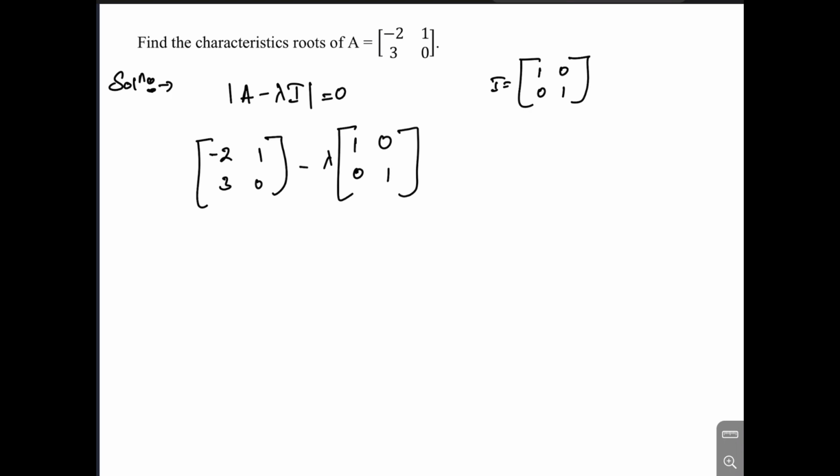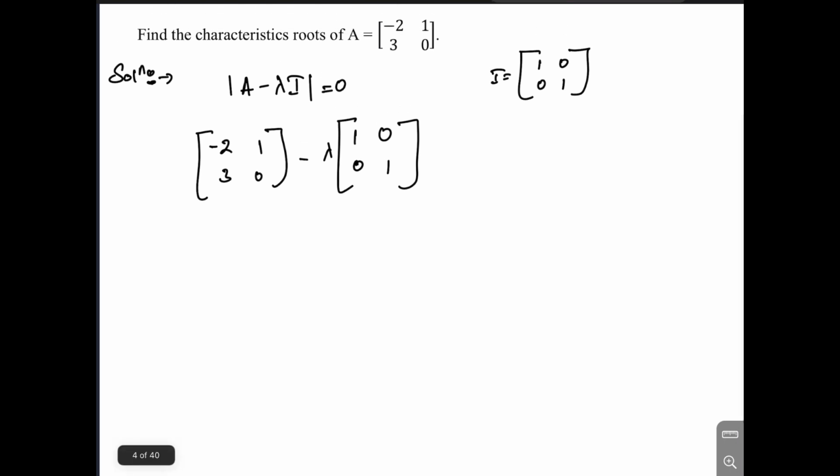This is nothing but the identity matrix. Now we're going to simplify further: [-2, 3; 1, 0] minus [lambda, 0; 0, lambda].